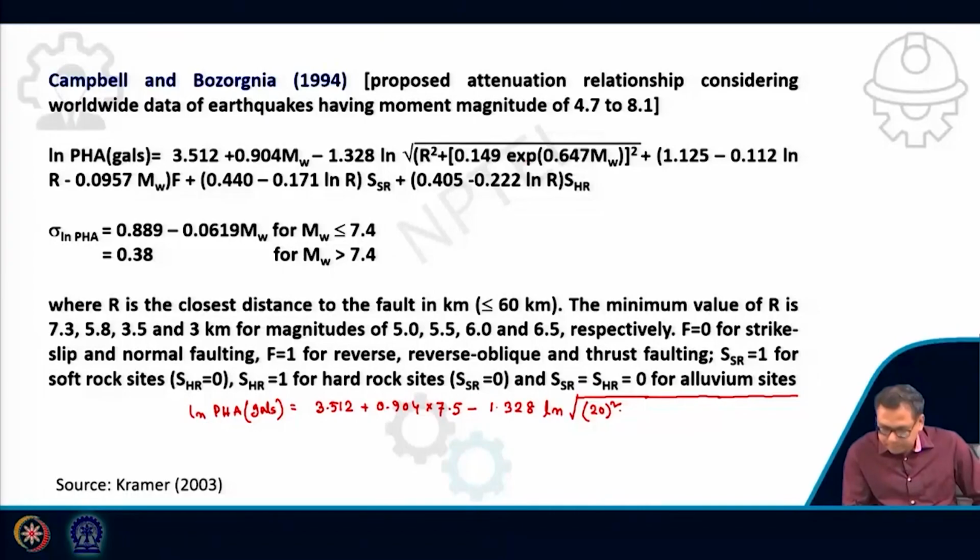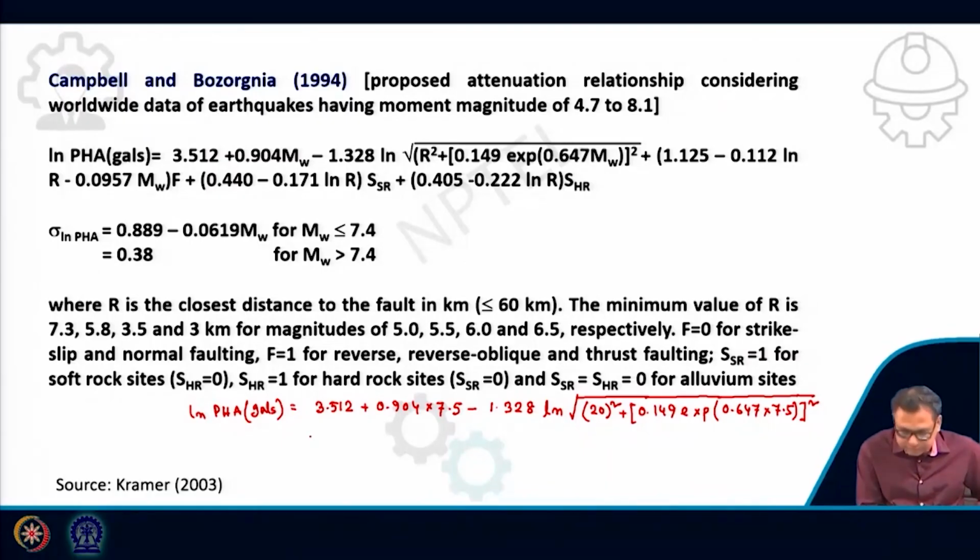Then plus 0.149 exponential of 0.647 into 7.5, that is squared within the root.